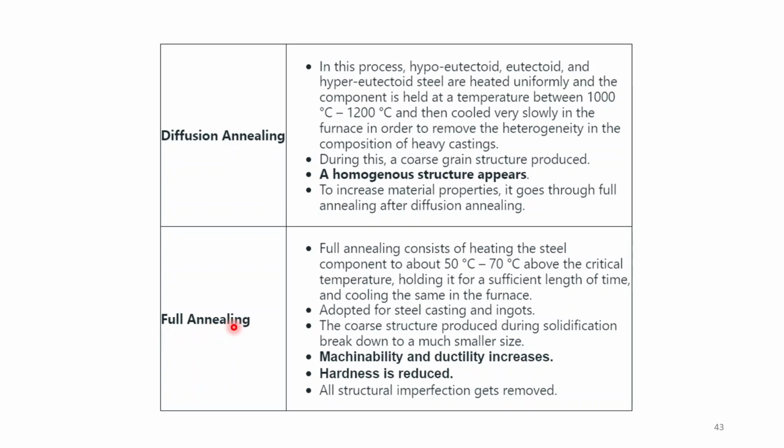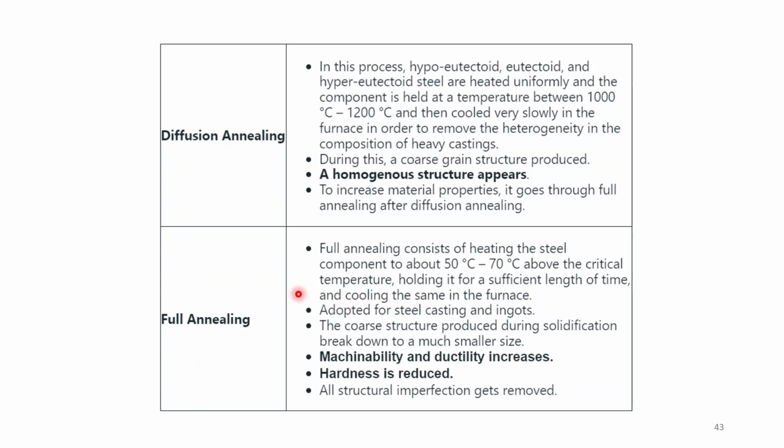Next is full annealing. In case of full annealing, it consists of heating the steel component to about 50 degrees Celsius to 70 degrees Celsius above the critical temperature, holding it for a sufficient length of time and cooling the same in the furnace.